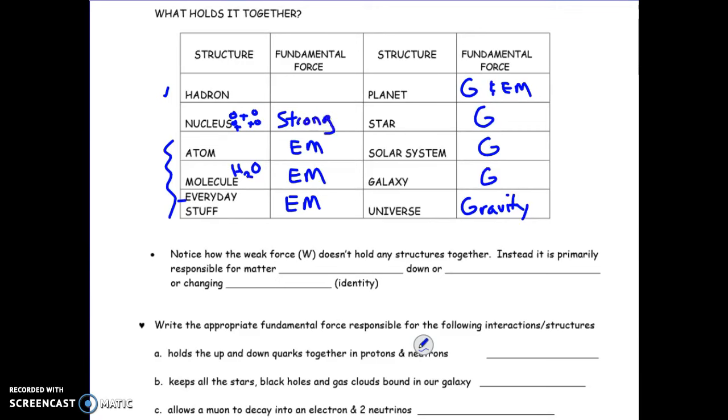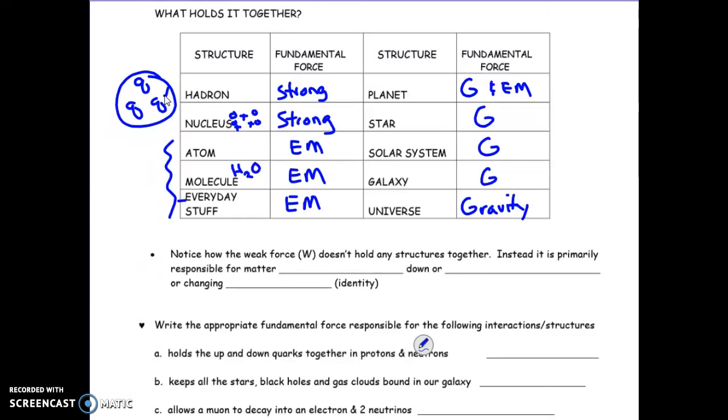So the strong nuclear force acts over nuclear distances, and one of its jobs is to hold the nucleus together. And then what holds a hadron together? Remember, a hadron is quarks all bound together in a tight little space. So you need a pretty strong force to hold them together, and you'd be correct if you said it was the strong force.